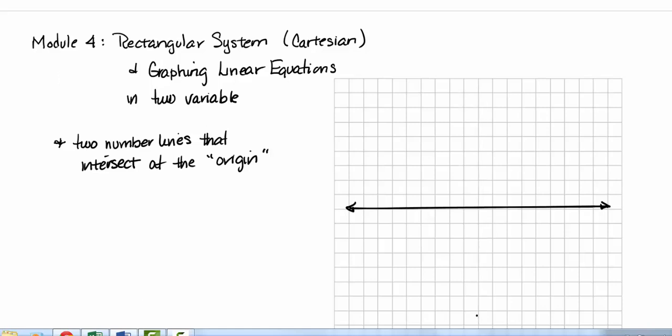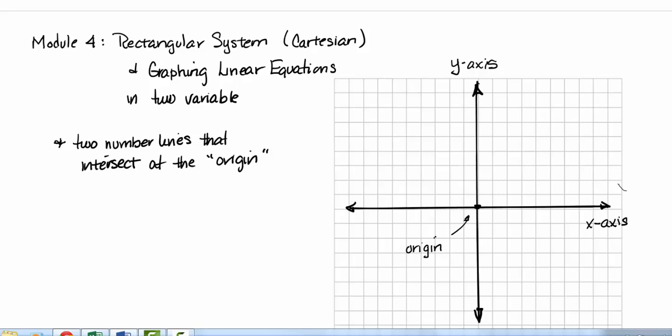So we have the horizontal number line, which is called the x-axis, and the vertical number line is called the y-axis. And the point right at the middle we call the origin.